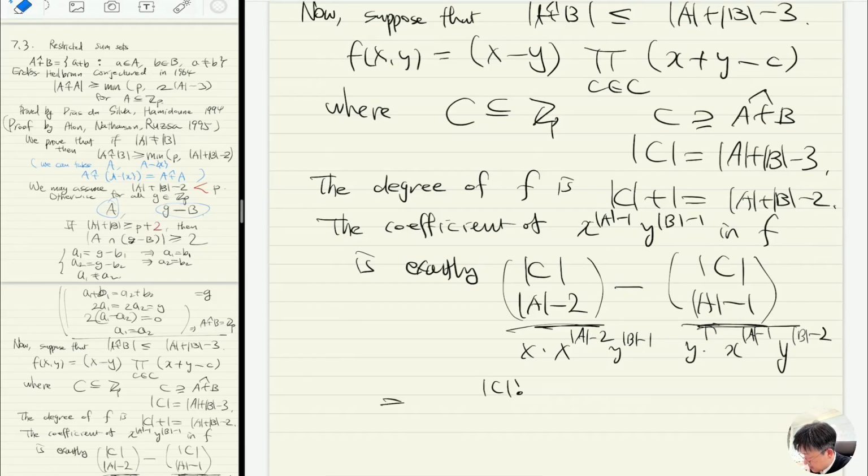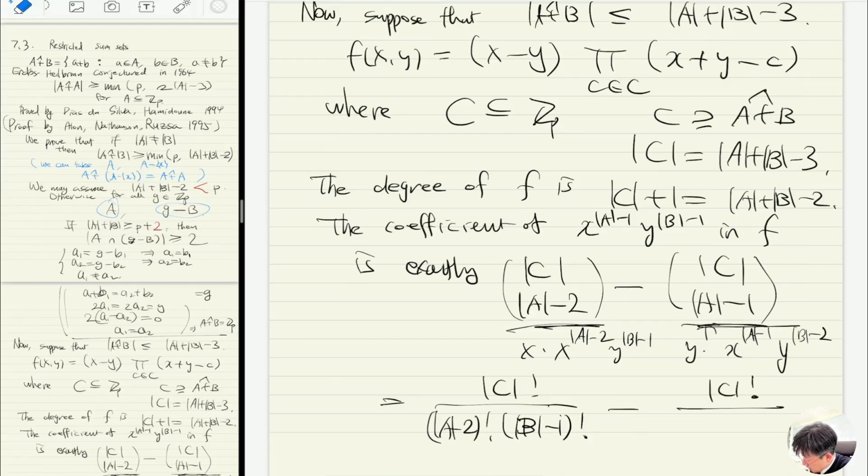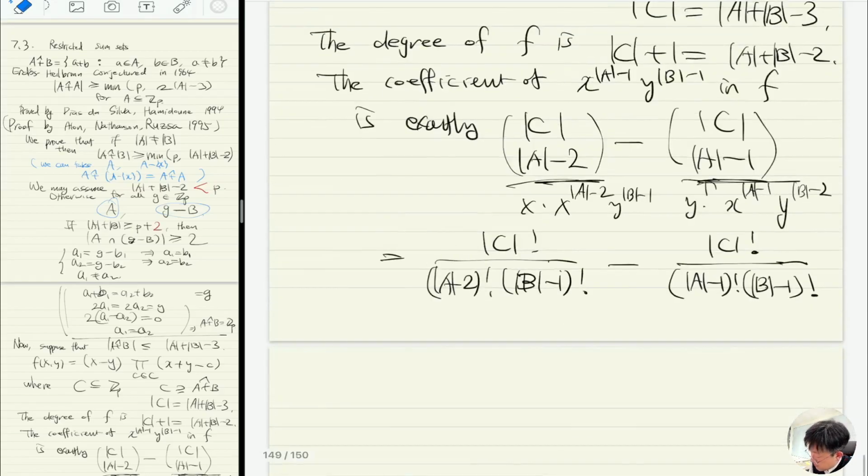So it is c factorial over a minus 2 factorial and b minus 1 factorial, minus c factorial over a minus 1 factorial, b minus 2 factorial.